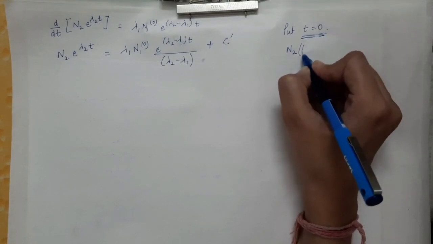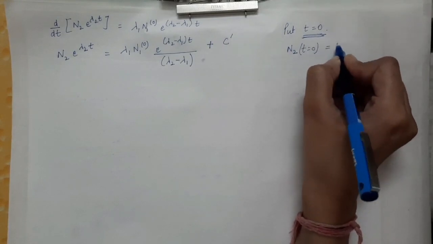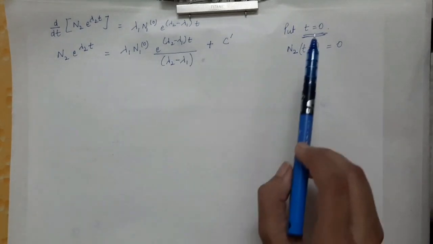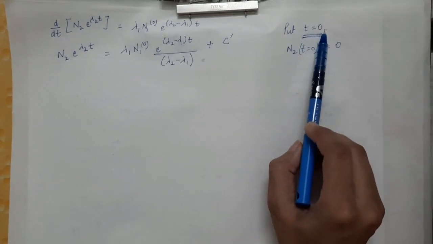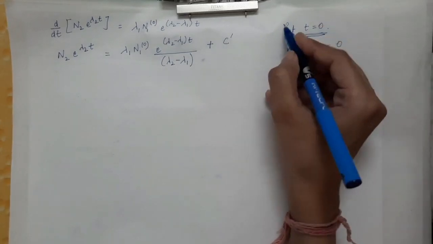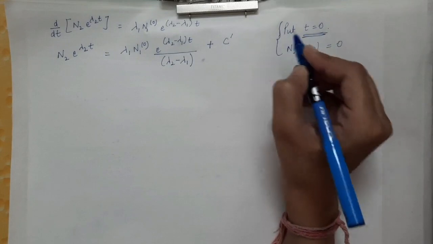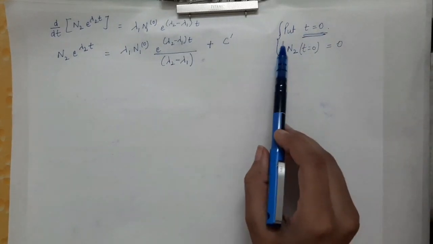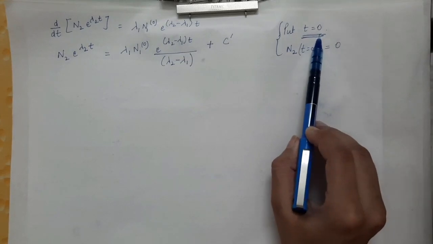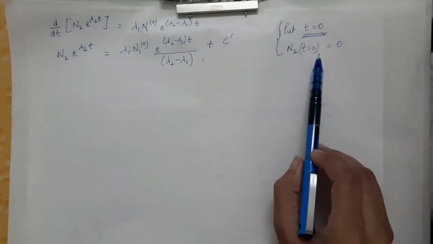So n2 at time t equal to 0 is equal to 0. There are only parent nucleides present at time t equal to 0. There is no daughter nuclei at time t equal to 0. This condition we have taken by ourselves. We are supposing that at time t equal to 0 there is no daughter nuclei.